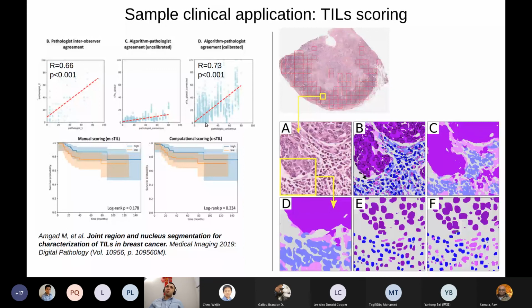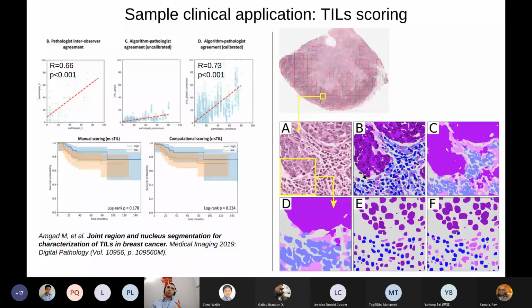And when we look at the agreement of algorithms trained using our data with the pathologist scores, basically what you're seeing in this plot in the top left is pathologist 1 versus pathologist 2 scoring. Each dot is a single slide. And then in panel D here, where my mouse is, this is our algorithm versus the consensus of the pathologists. So what they both have agreed is the score.